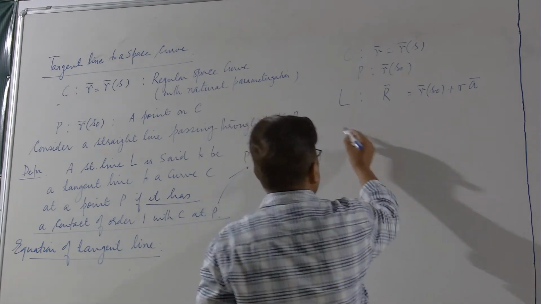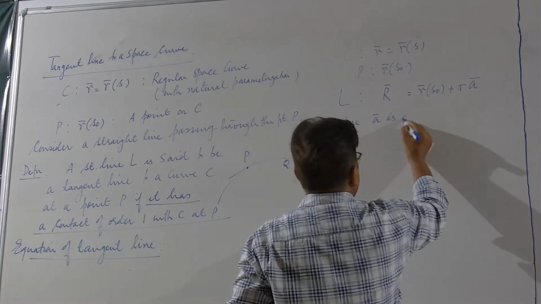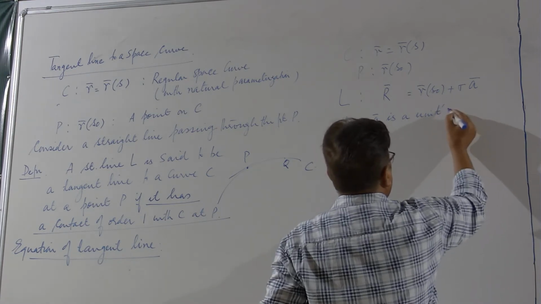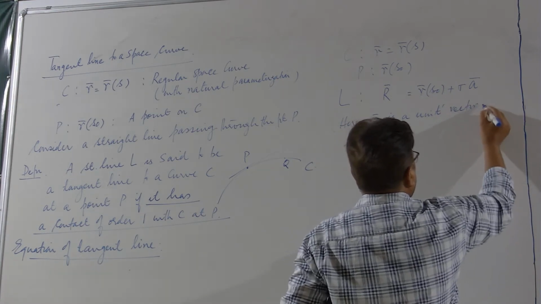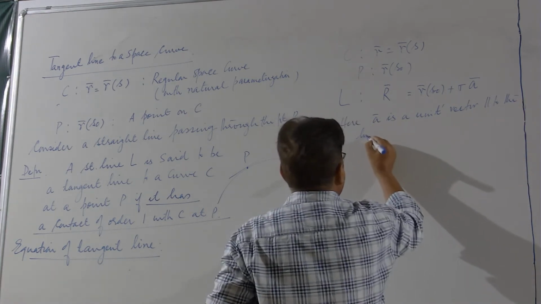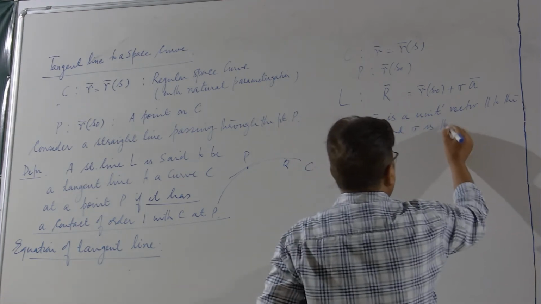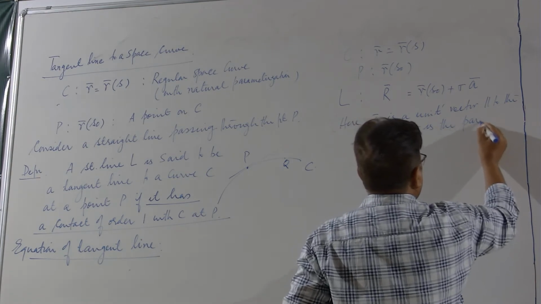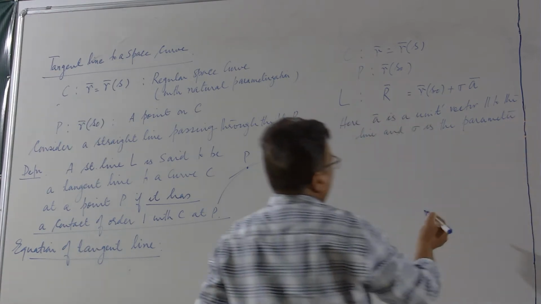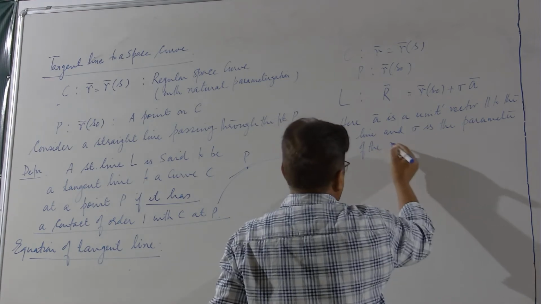So, here A is a unit vector parallel to the line, and sigma is the parameter of the straight line, the arc length parameter, the natural parameter of the line.